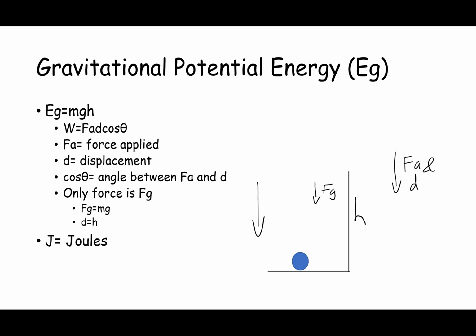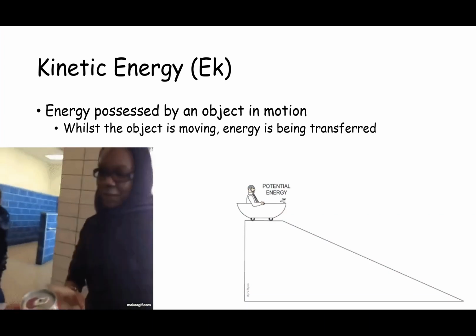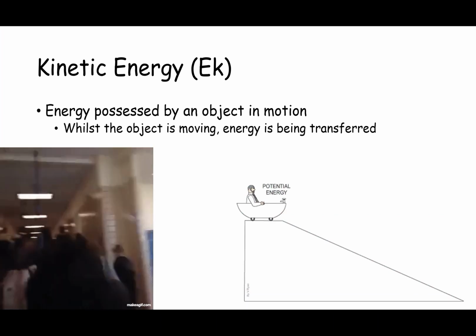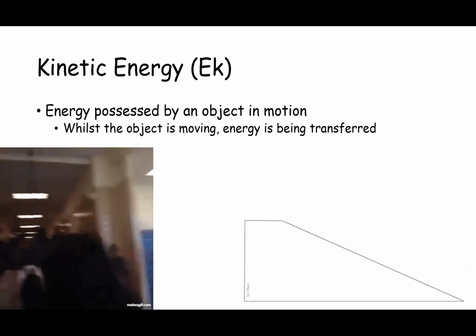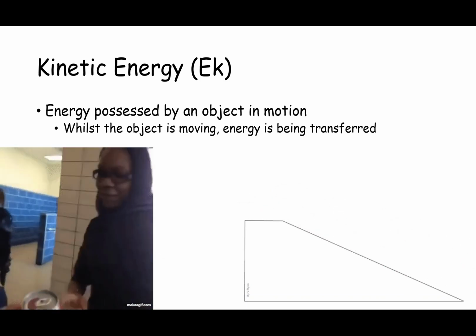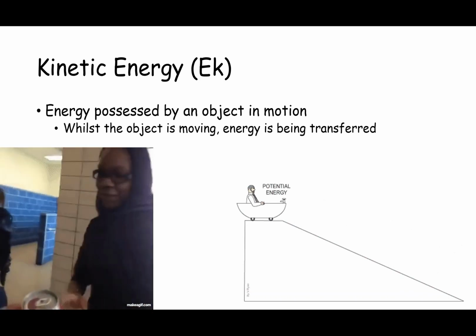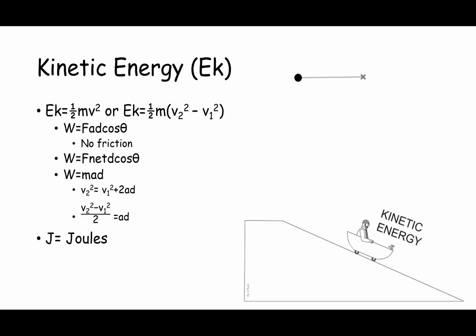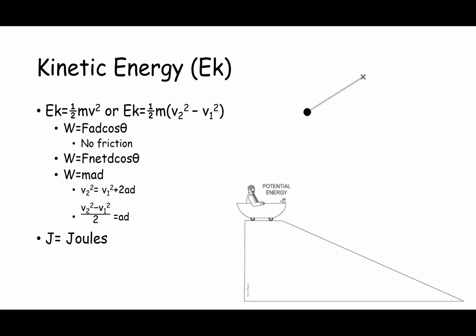Now let's move on to kinetic energy. Kinetic energy, unlike gravitational potential energy, is energy possessed by an object in motion. So while the object is moving, there is energy being transferred onto the object. A big factor in determining an object's kinetic energy would be its velocity. So we have the equation EK equals 1/2 mv squared, or EK equals 1/2 m (v2 squared minus v1 squared). We derive this equation from our work equation, W equals FA d cos theta.